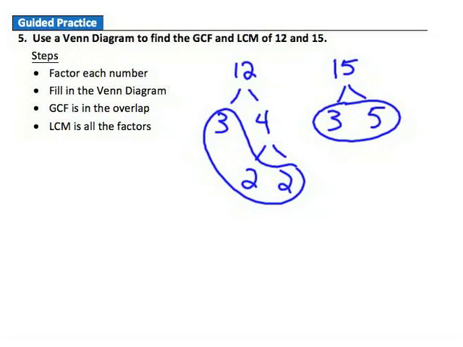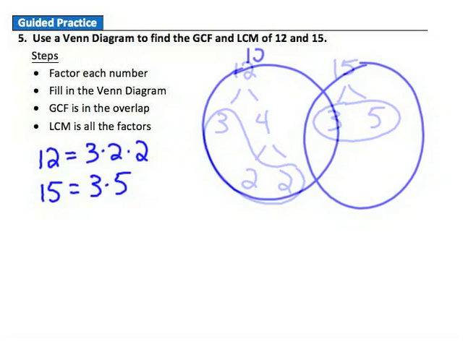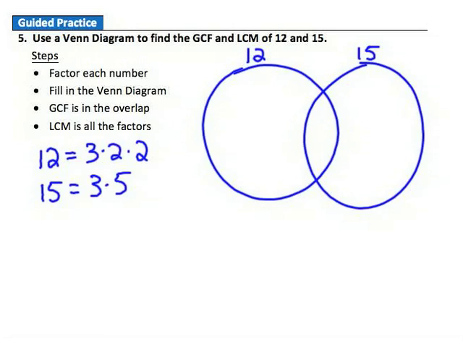So I'll come over here and write the factorization for 12 is 3 times 2 times 2, and the factorization for 15 is 3 times 5. Okay? I have my Venn diagram set up, one for 12, one for 15. Let's first take a look at the overlap.